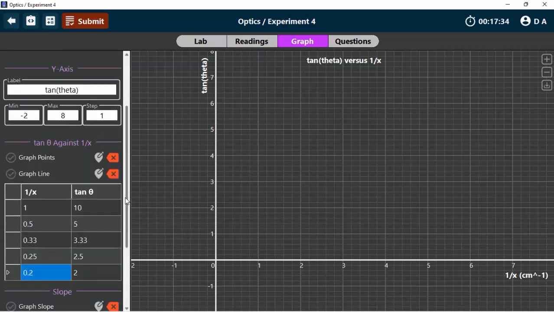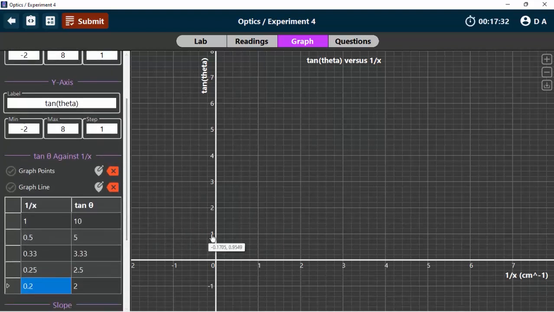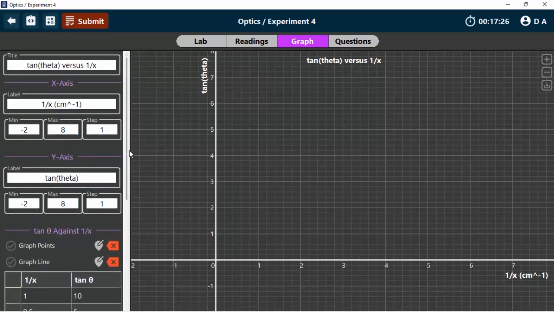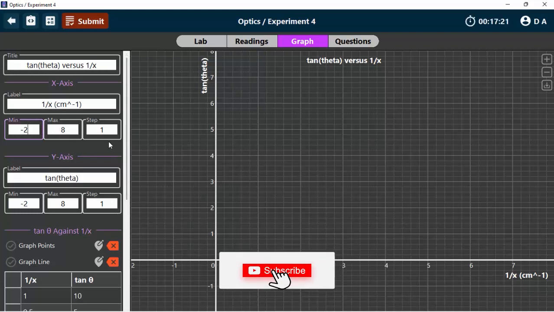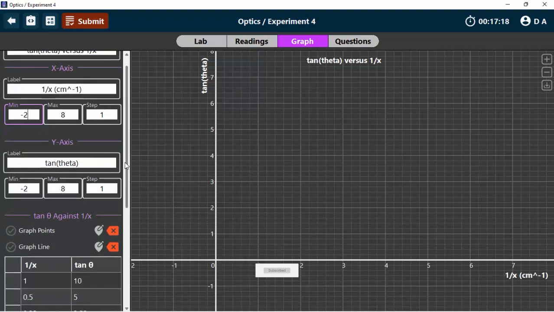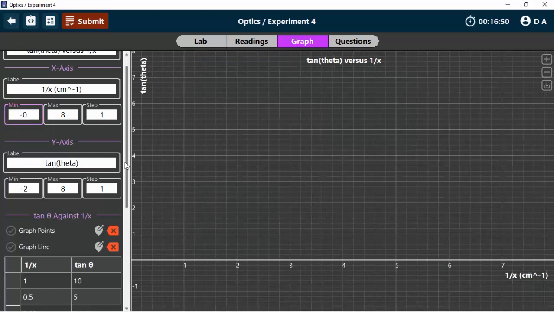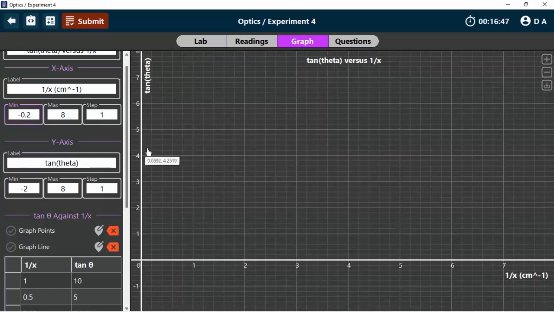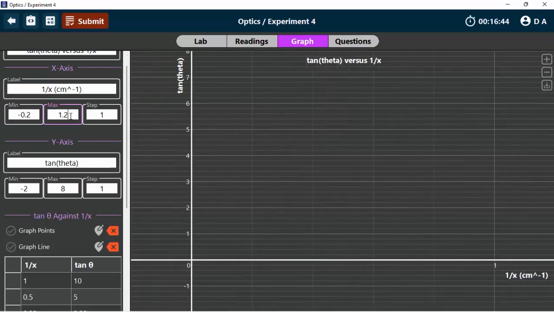By factoring all of this, you take the difference between the minimum and maximum and you divide by the number of divisions on your graph sheet. But I'm just going to quickly specify a reasonable scale based on the calculation I've just described. A reasonable scale for the x-axis is as follows: minus 0.2 up to 1.2 with a step of 0.2.